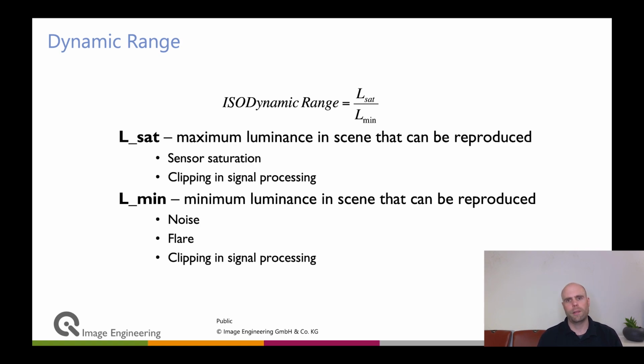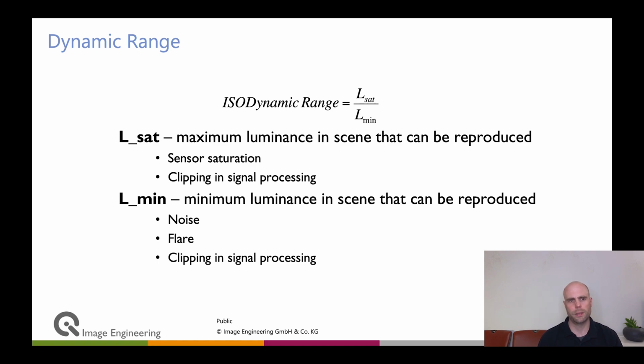The saturation is mainly the sensor saturation. It can also be clipping in the signal processing, so that the signal is clipped in the processing somehow, and you can't get higher than that. The minimum is typically the noise from the sensor. It can also be clipping.